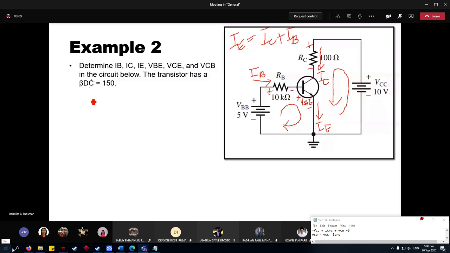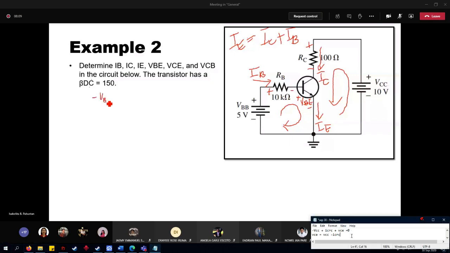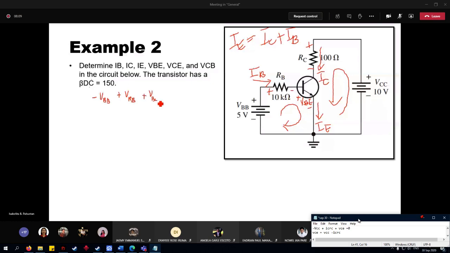So, again, you will have your negative VBB plus voltage across RB plus VBE equal to 0. So, your VRB is V equal to IR, so IB RB equals VBB minus VBE.